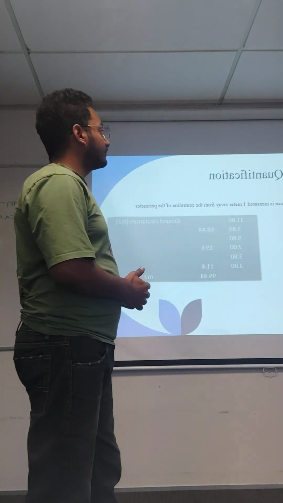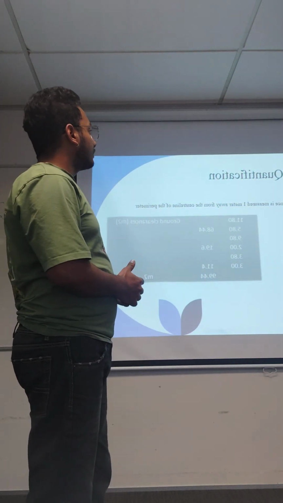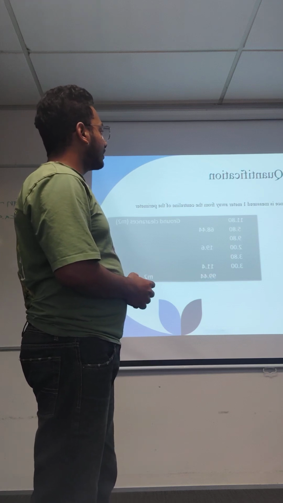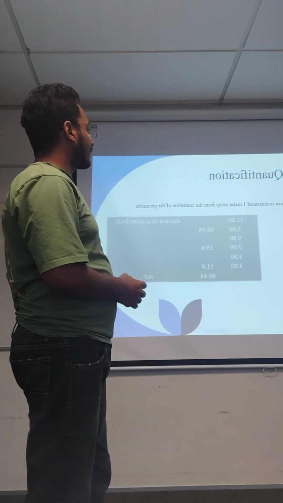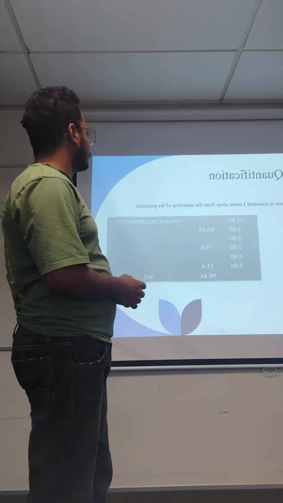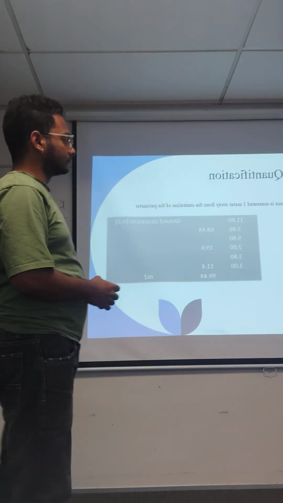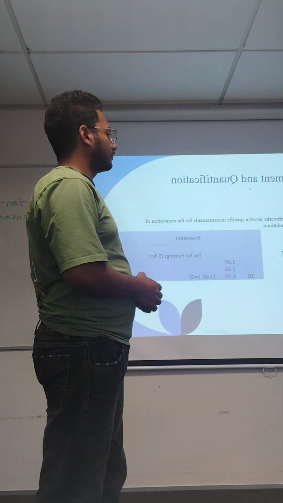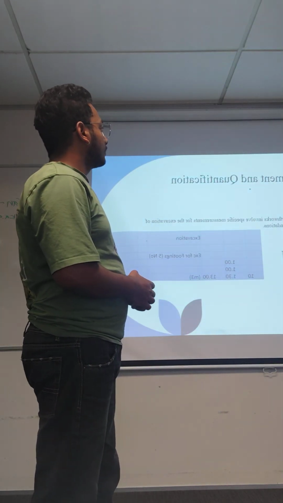The next topic is measurement and quantification. Ground clearance is measured 1 meter away from the center line of the perimeter wall.